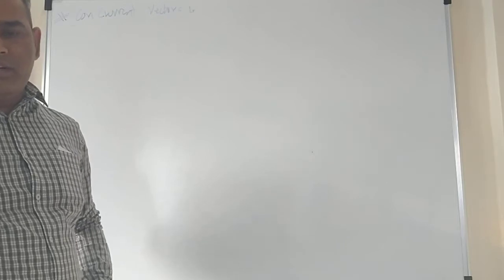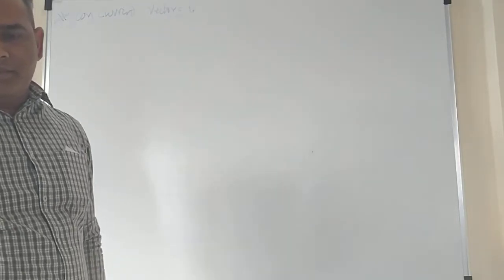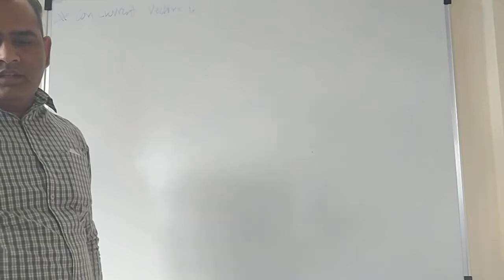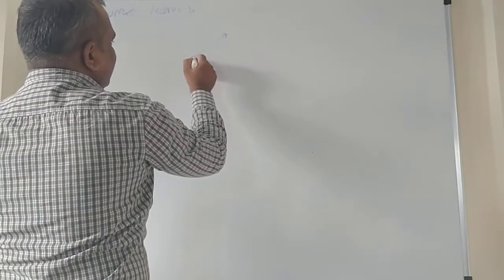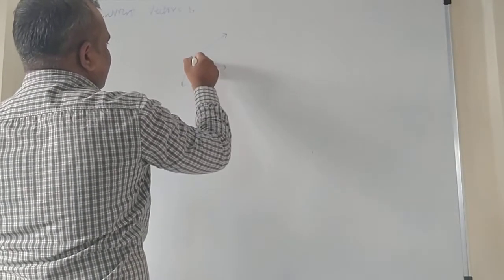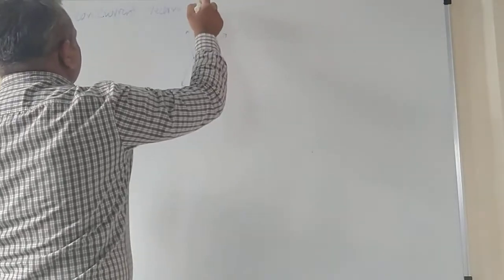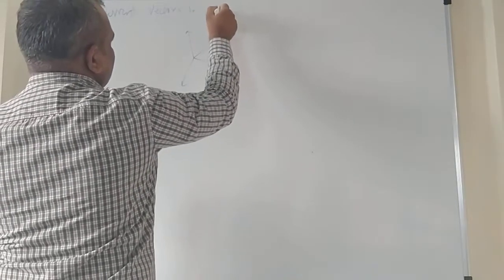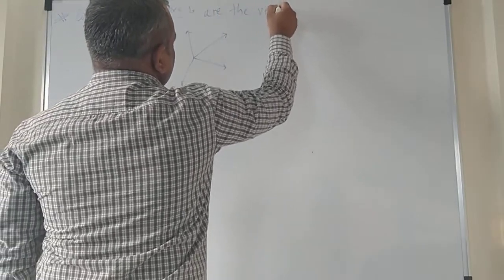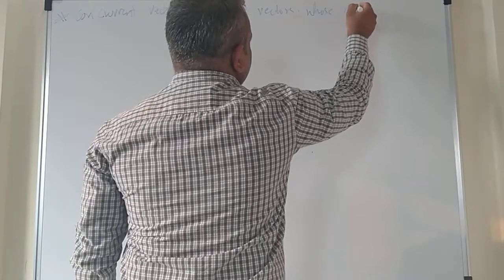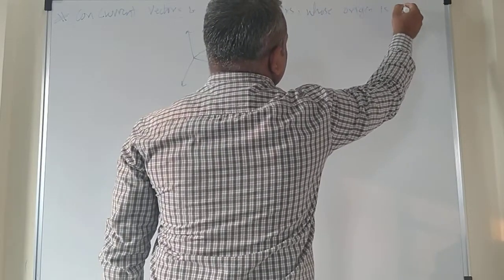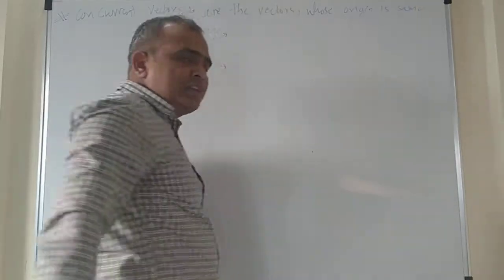Now concurrent vectors are the vectors having the same origin. That means this is one vector, this is another vector, this is a third vector. Their directions may be different, but the concurrent vectors are the vectors whose origin is the same. This kind of vectors are called concurrent vectors.